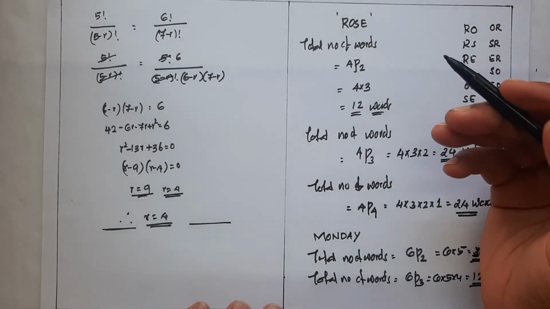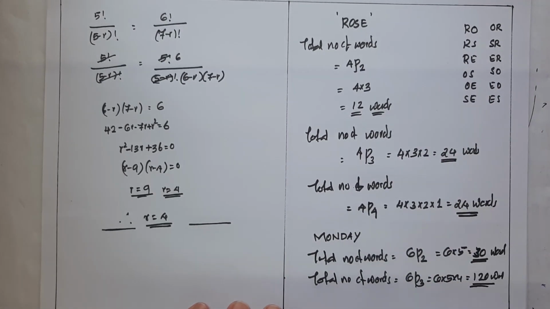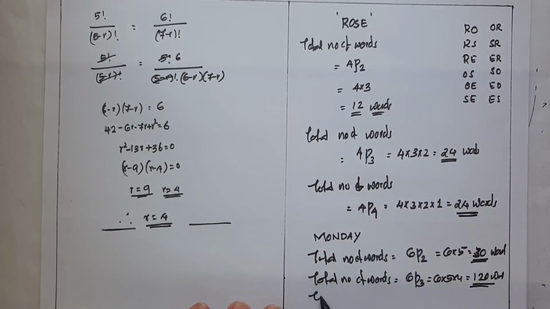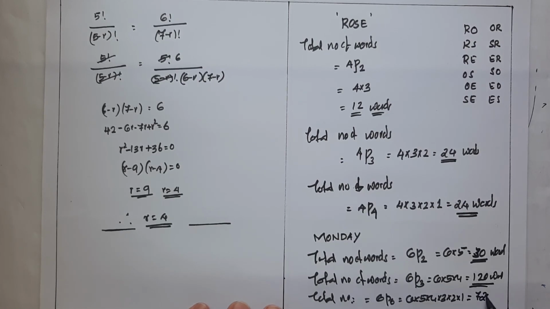How many words can be formed using all the letters of the word Monday? Therefore, the total number of words is equal to 6p6, that is 6 into 5 into 4 into 3 into 2 into 1, that is 120 into 6, 720 words.